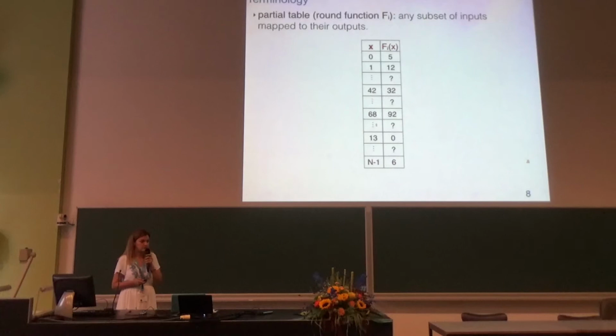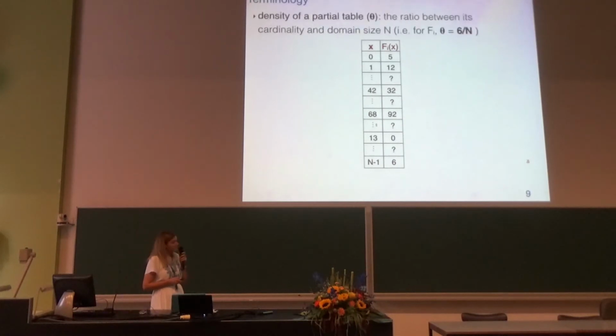We don't know how to evaluate them. We have a notion of density of a partial table, which is the ratio of the cardinality of the partial table, the inputs that we can map to the corresponding outputs, to the size of the domain. So we have n inputs defined in this partial table, and n is the domain, so we have 6 over n as the density of this partial table.